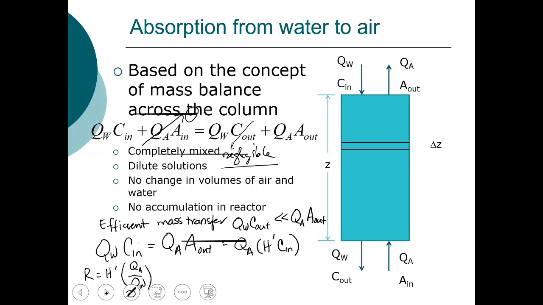And we said that we can define a stripping factor, which is dependent on the Henry's constant of the particular chemical that you're looking at removing and your flow rate in the air phase and the flow rate in the water phase.